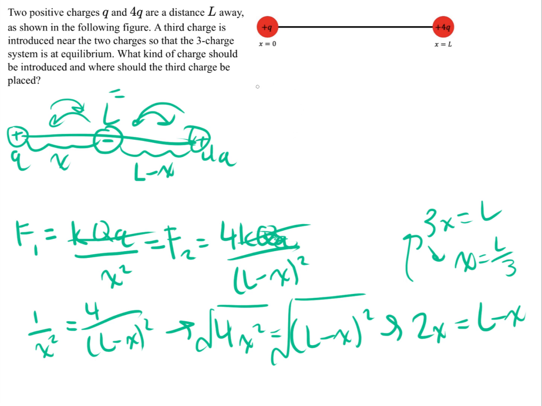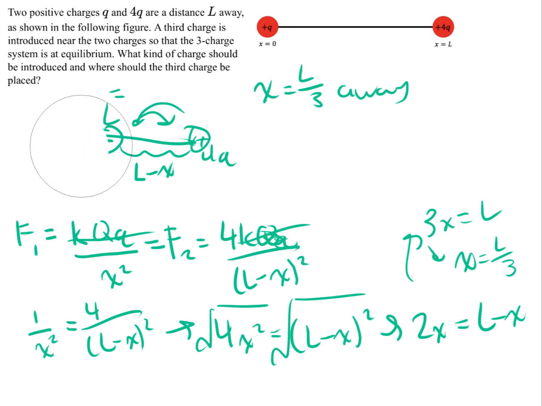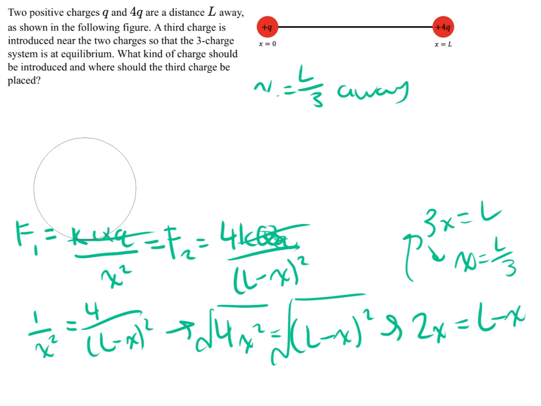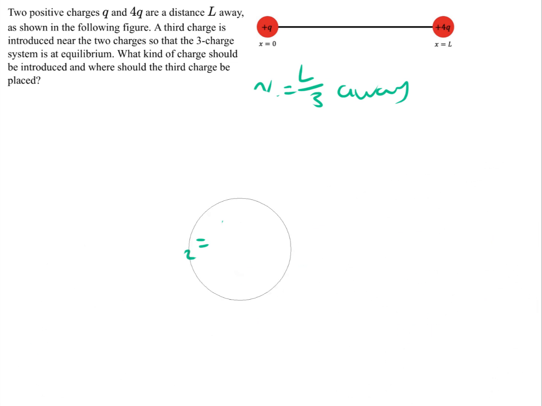So the charge should be placed at a distance L over 3 away from Q, and a distance 2L over 3, or 2/3 L, away from charge 4Q. So 1/3 of the distance L away from Q and 2/3 away from 4Q. I am going to erase everything and write that down.